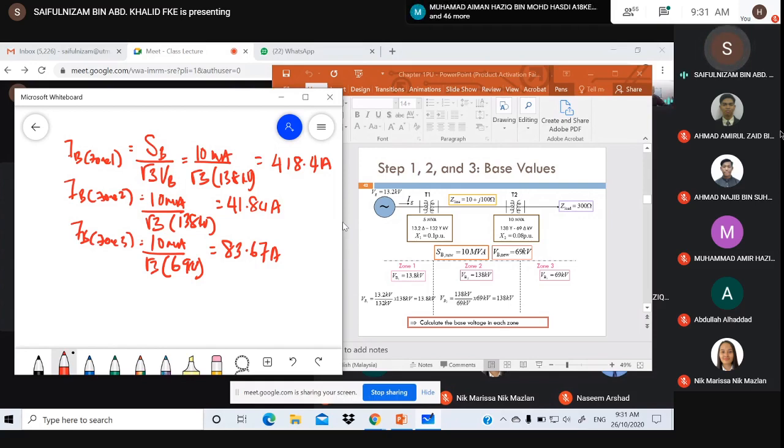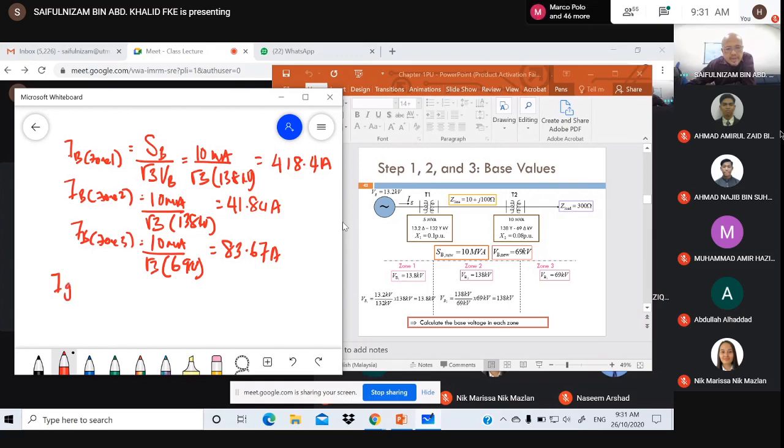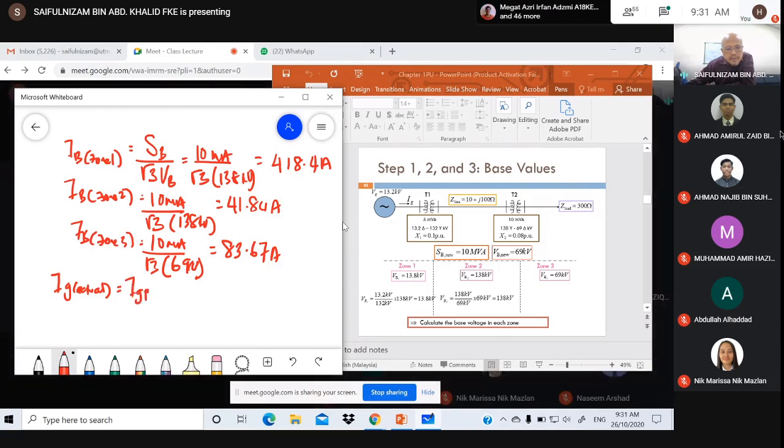So after finding this base current, you can find IG actual, for example, equal to IG PU times I base in zone 1, which is 418.4.